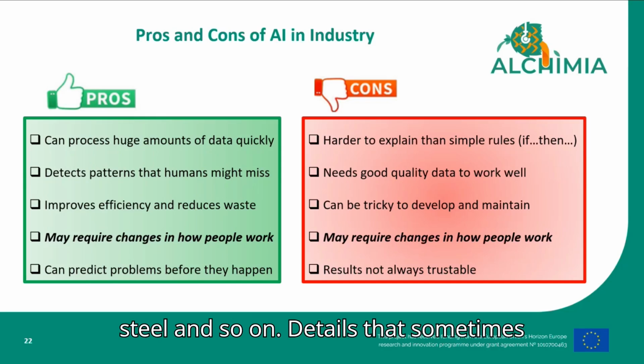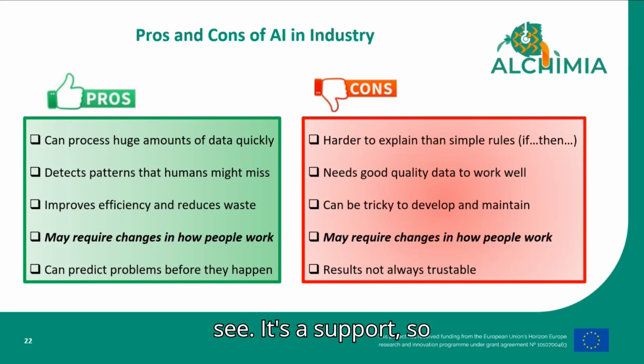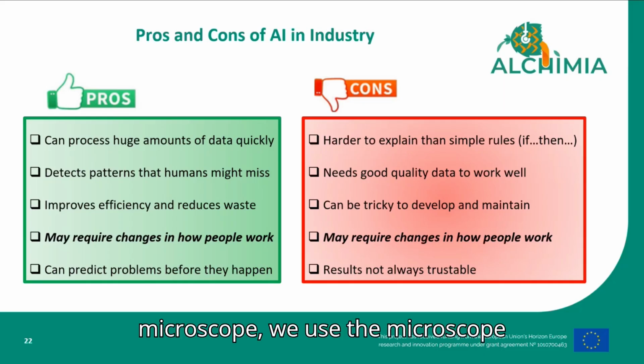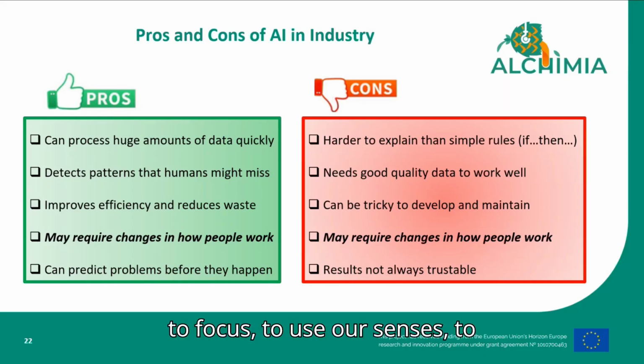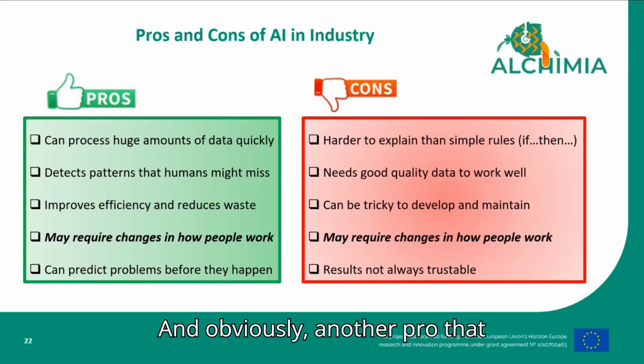Details that sometimes the human can miss, but the machine can see. It's a support, like the microscope. We use the microscope to improve our senses. That's the idea. And obviously, another pro, this sentence is both in the pros and cons.